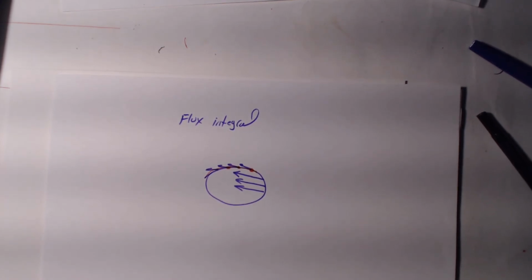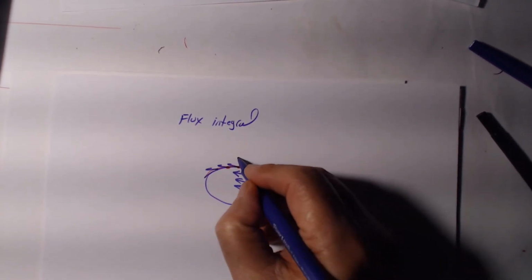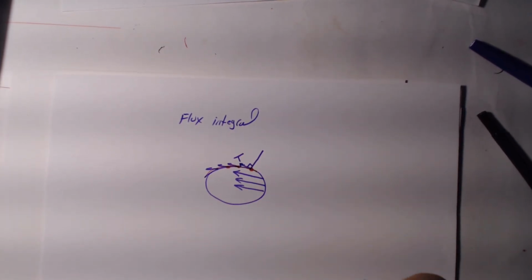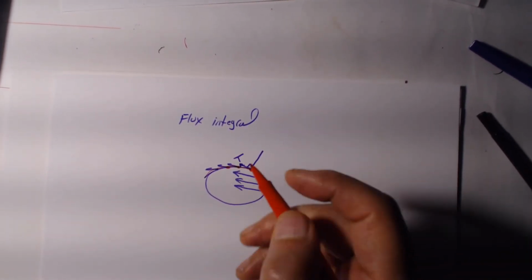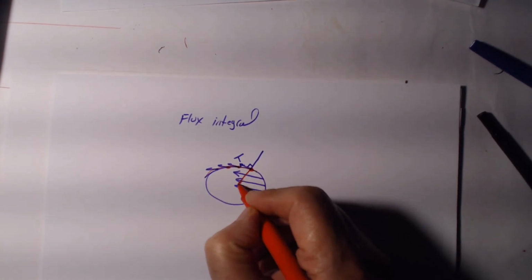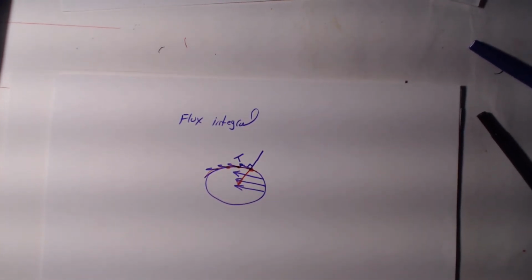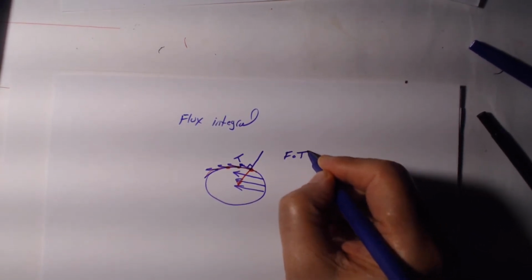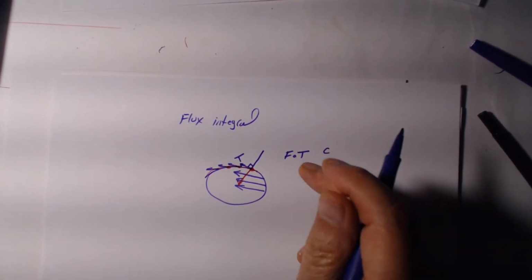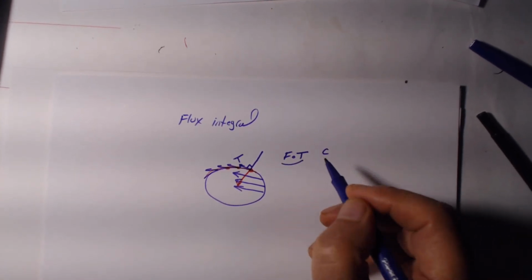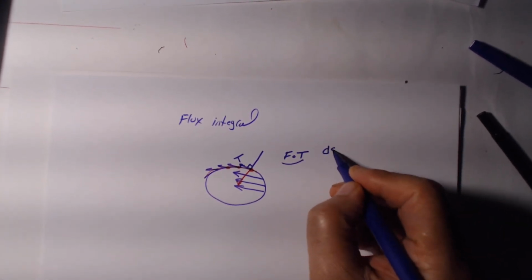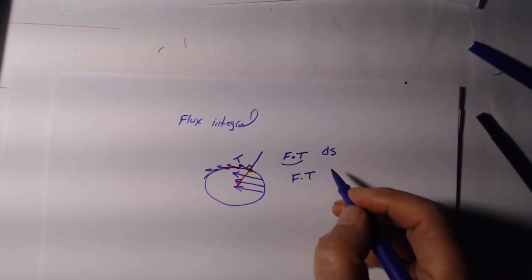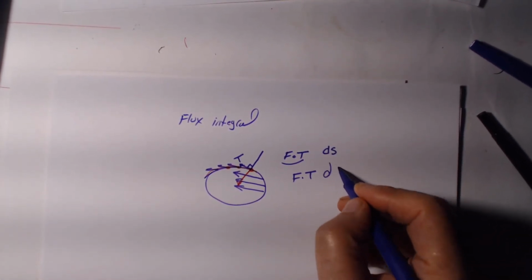But at the same time, when you have a tangent vector, you have a normal vector. That normal vector could go out or it could come in. Therefore, the projection of the vector field times T causes a force, and that force along a path, or that force along a surface.